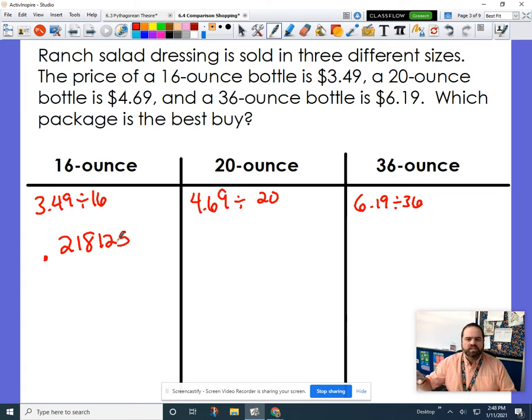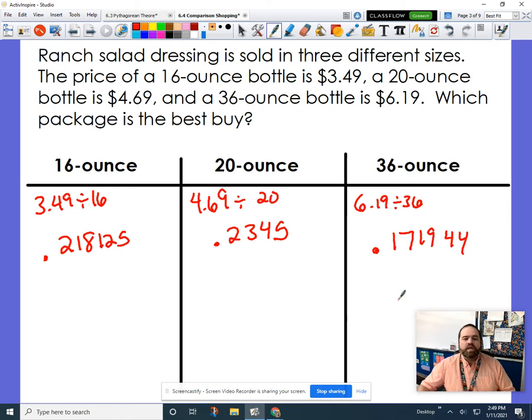I'm writing out all of this because I want you guys to see a little bit more of what's going on here. $4.69 divided by 20 is 0.2345. And the last one, 6.19 divided by 36, is 0.1719 and a whole bunch of fours.